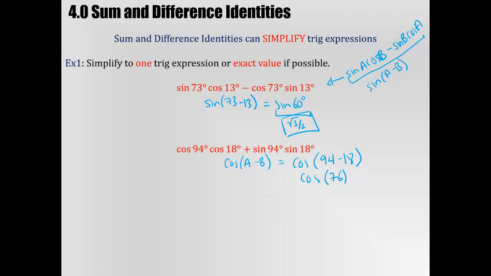Is that right? 94 minus 18? Yeah, right, which is not a special angle. But I mean, you could re-express that as something different. We're not going to be able to figure out, there's no special angles that work for this one. However, maybe I could re-express something and figure it out, then break it apart again into different numbers, right? Pretty cool.